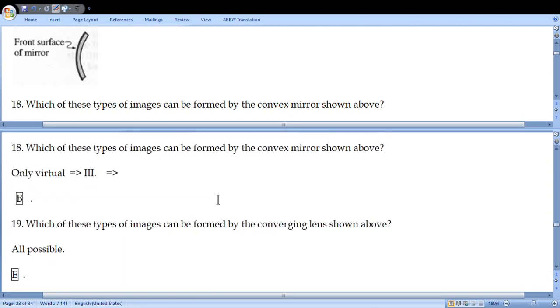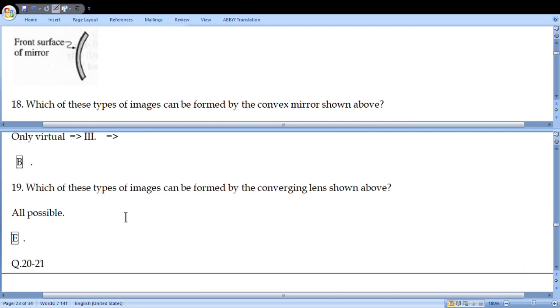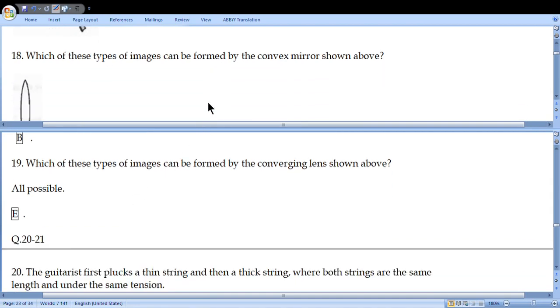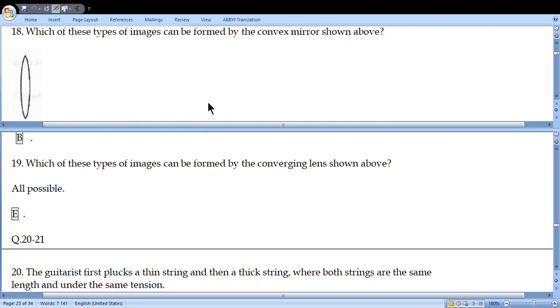So convex mirror can produce only virtual image, so we choose 3. Which of these types of images can be formed by the converging lens shown above? So for converging lens we can have larger real, smaller real, and virtual.